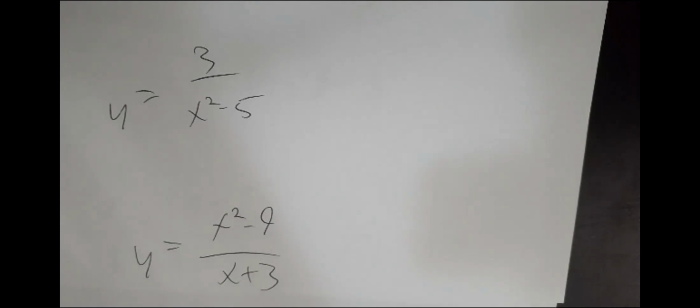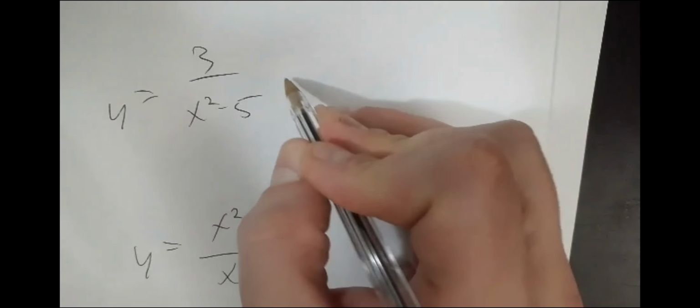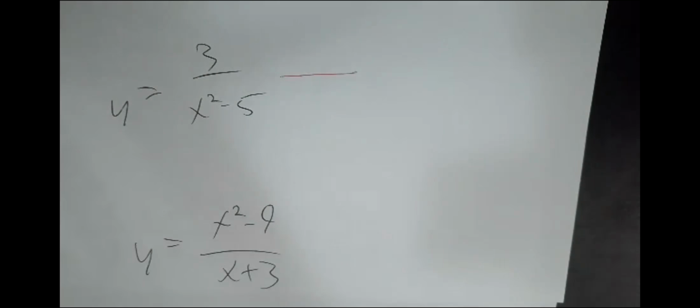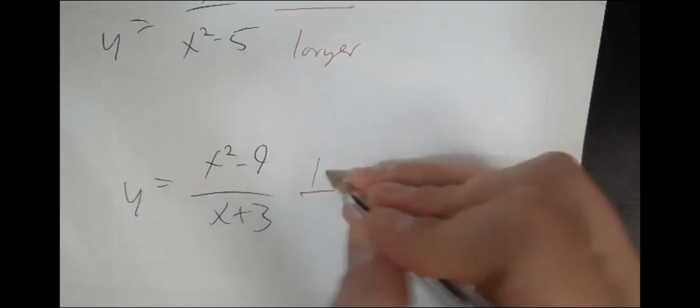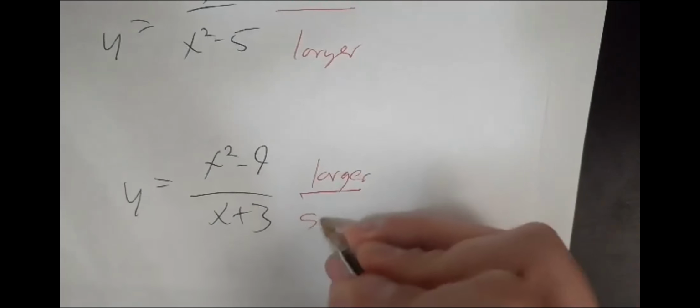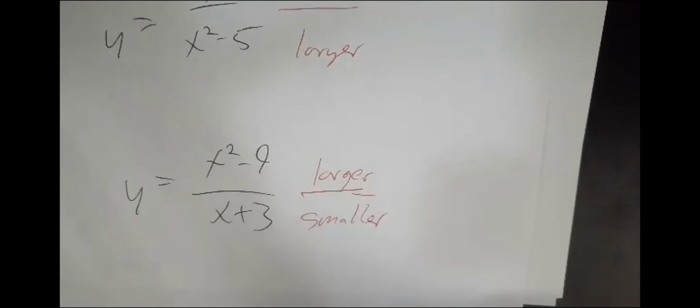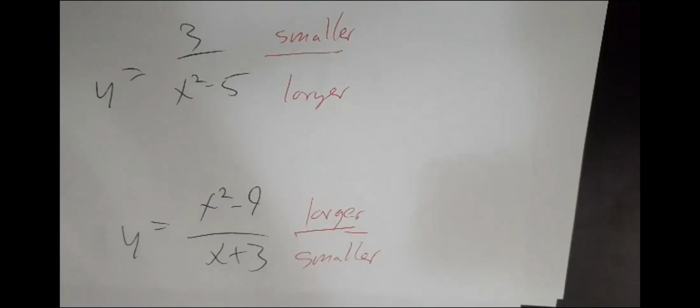If I'm looking at the powers, is it larger on top or on bottom? It's larger on the bottom. This one is the other way around. They're trying to give you one example of each thing happening here.